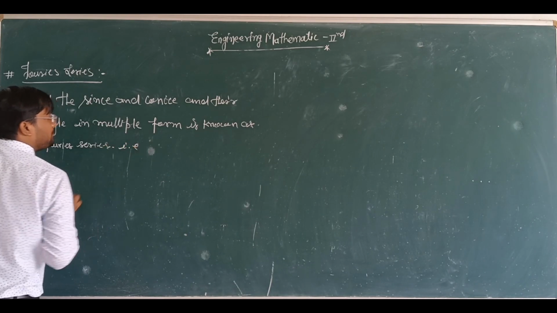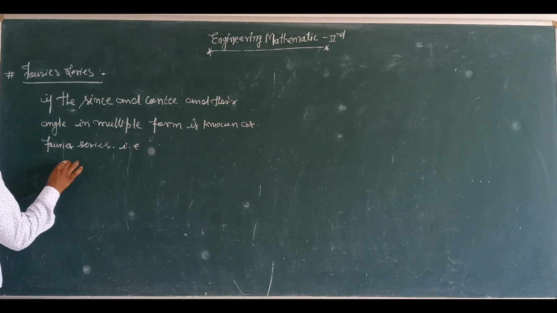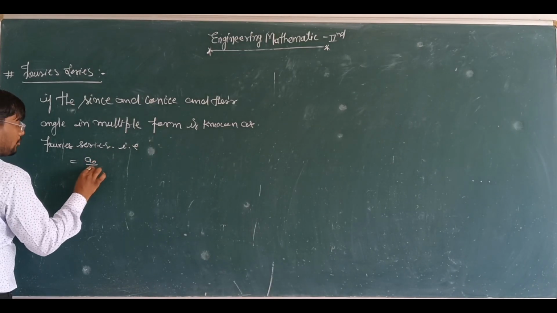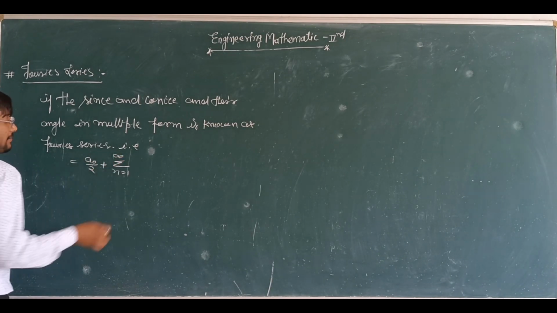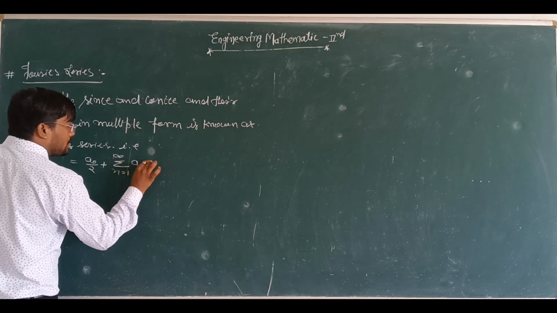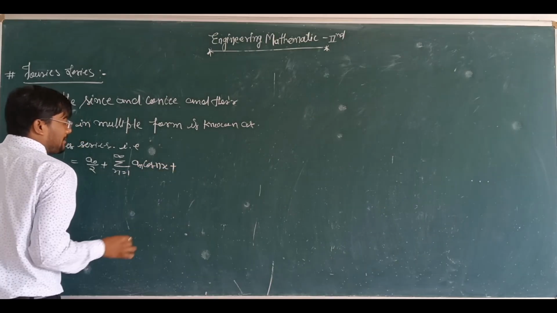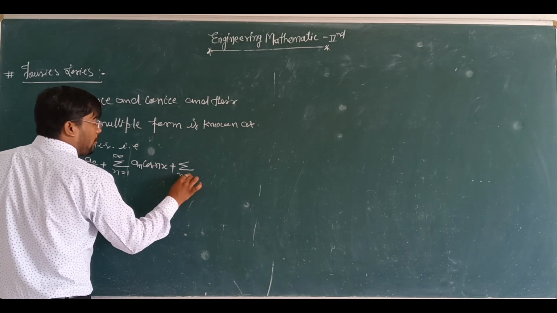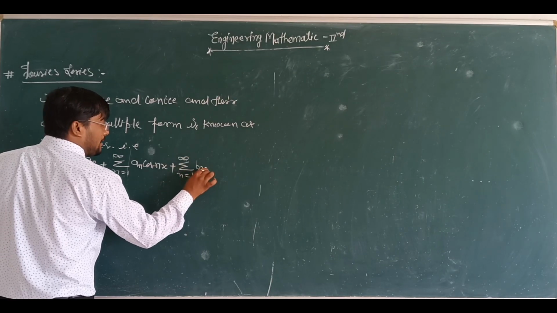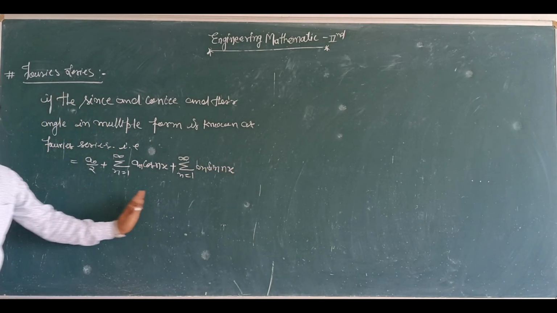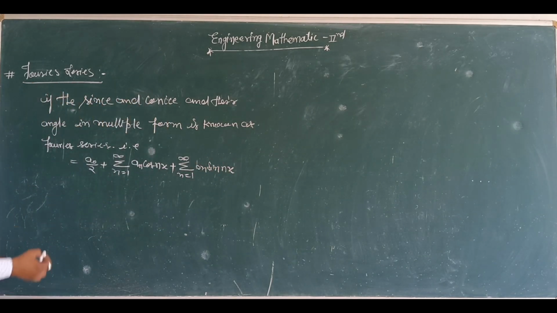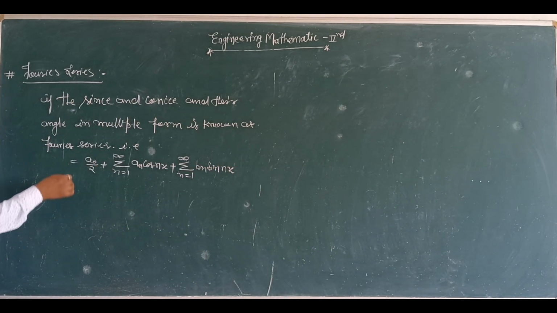We know that it means a naught by 2 plus summation n equal to 1 to infinity a_n cos nx plus summation n equal to 1 to infinity b_n sin nx. This form of the series is called the Fourier series.